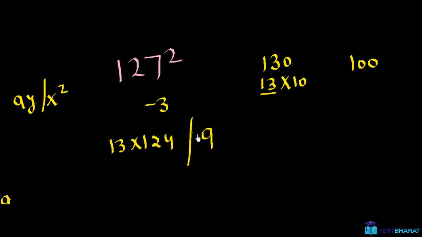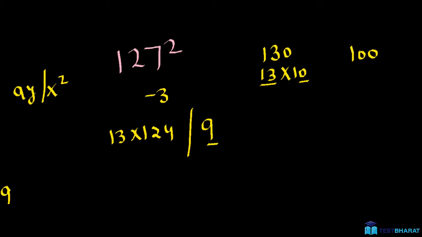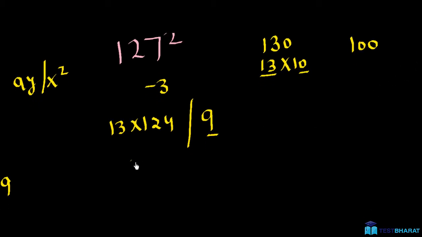Now in the next step I have to check the number of zeros. Number of zeros is 1, and this is 1 digit, so we are fine. Now we have to multiply 13 into 124 and we will get the answer. If we multiply 13 into 124, that will give me 1612.